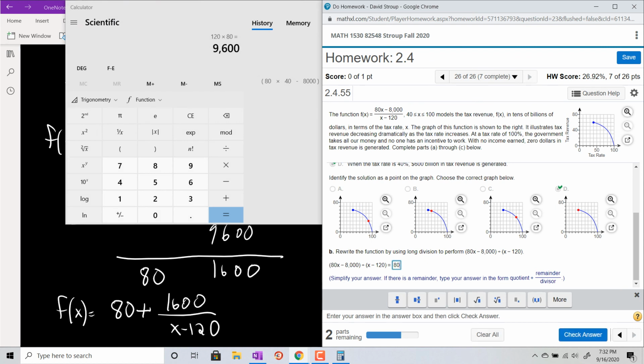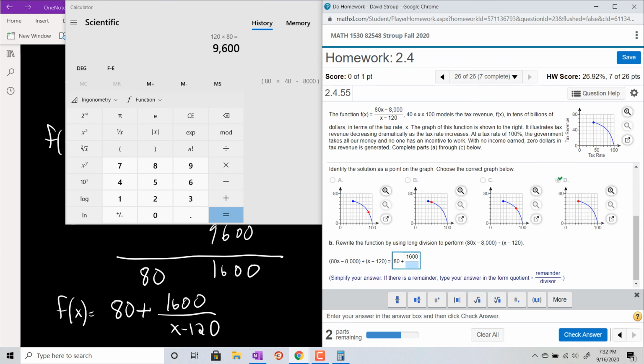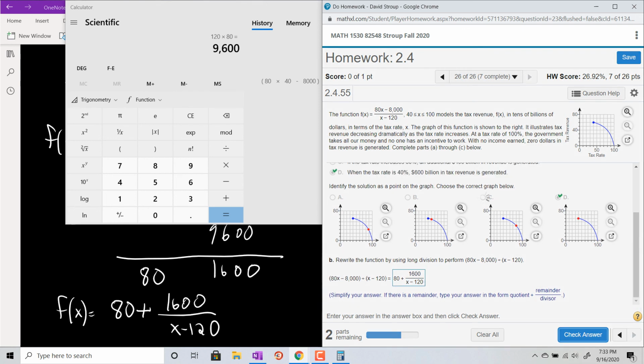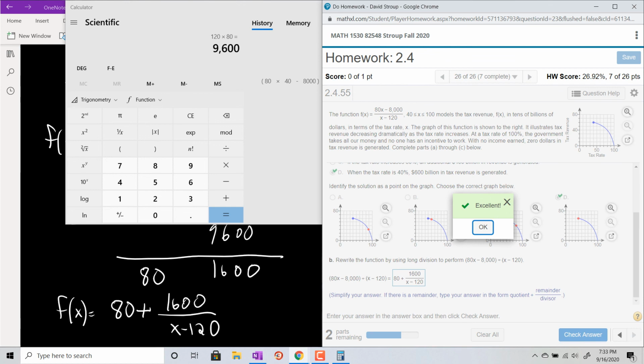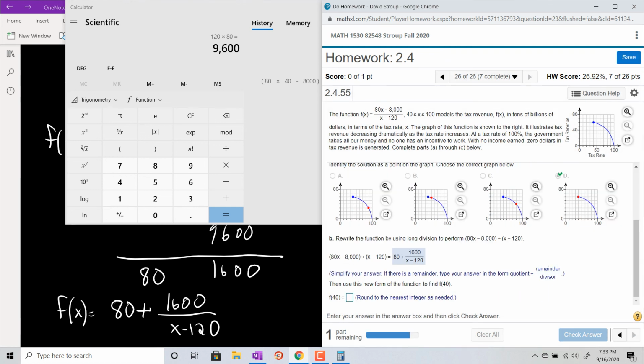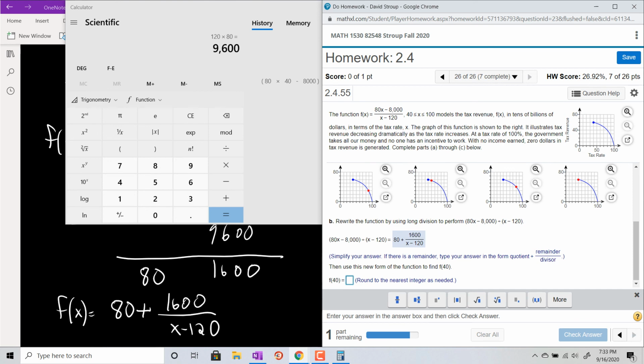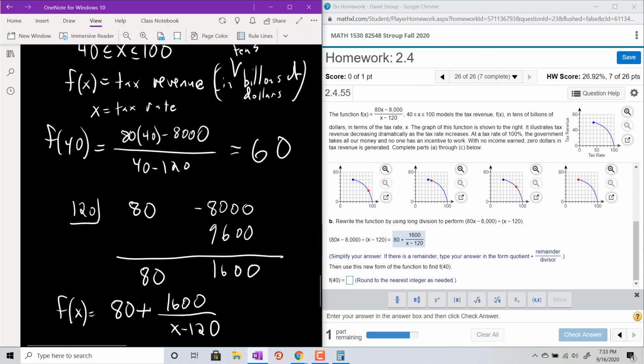It's 80 plus 1,600 over x minus 120. So use this new form to find the answer. It's the same. 60.